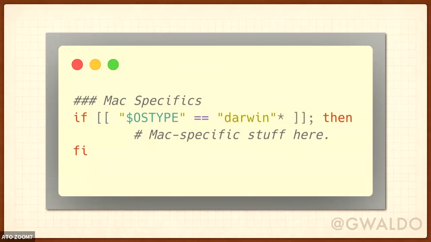As such, I like to make my dotfiles as universal as possible. There are some behaviors that I expect and want when I'm working on a Mac that just don't apply anywhere else. And in those cases, I can isolate their behaviors in an OS-specific code block like this.